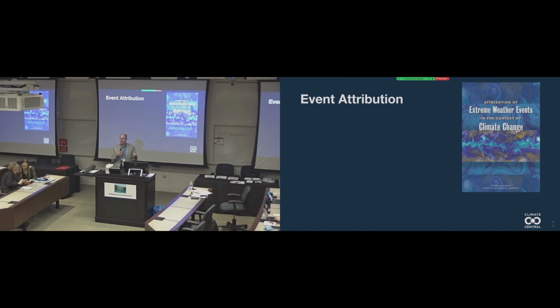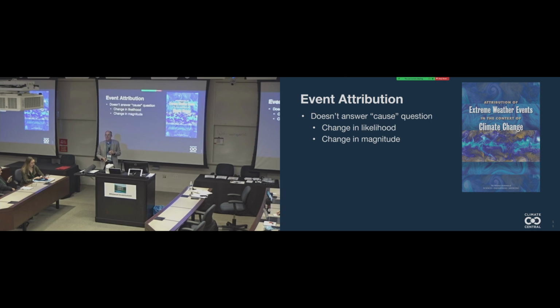You can't answer the cause question because any weather event is going to have multiple causes, but you can talk about how much more or less likely climate change made that event, how much more or less severe climate change made that event. So you can start to make very quantitative statements. So it doesn't answer the cause questions. We're usually going to talk about a change in the likelihood or possibly a change in the magnitude.